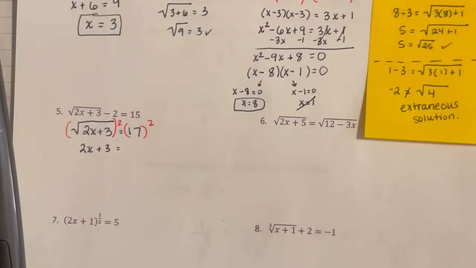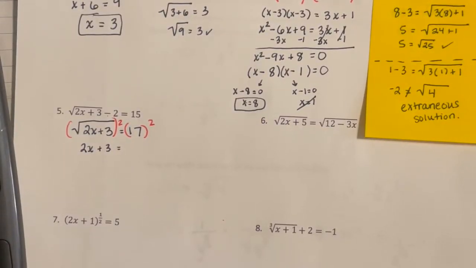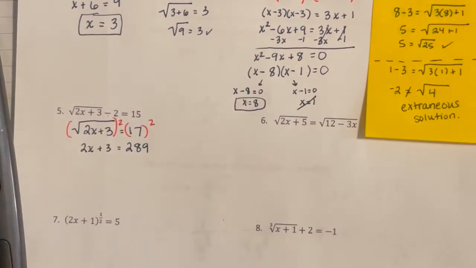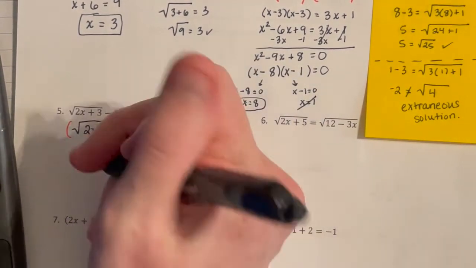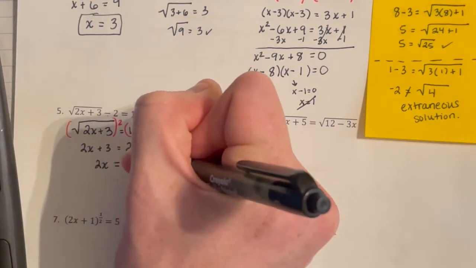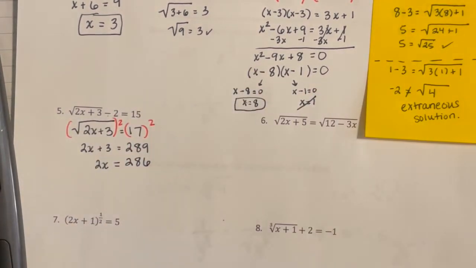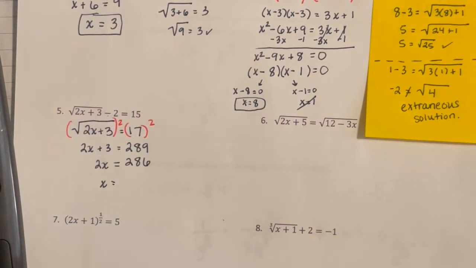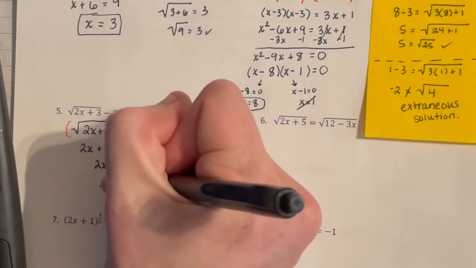And then 17 squared is 289. I subtract 3 from both sides, so 2x equals 286, and then we divide by 2. So 286 divided by 2 is 143.